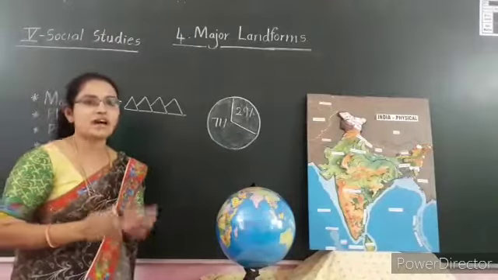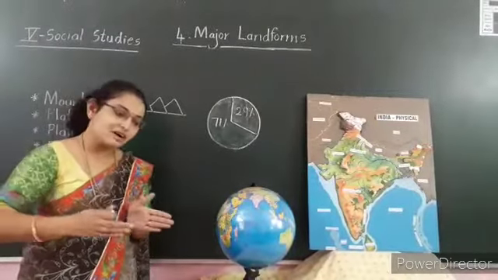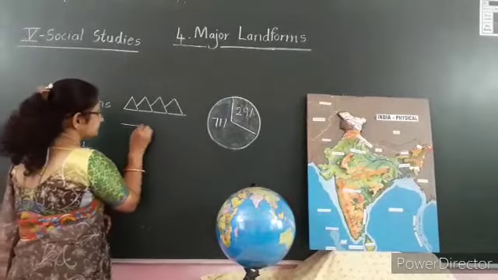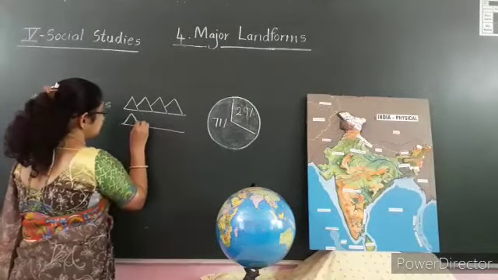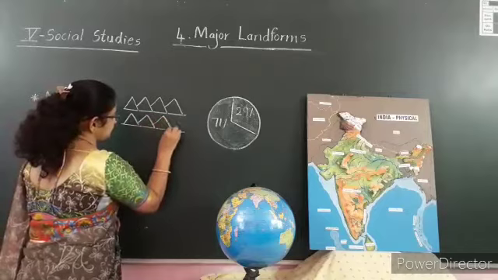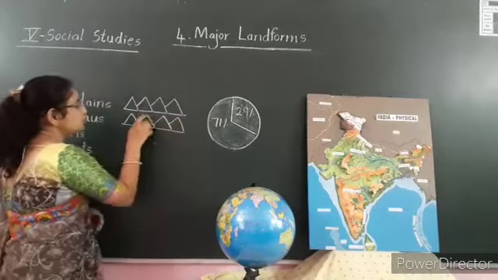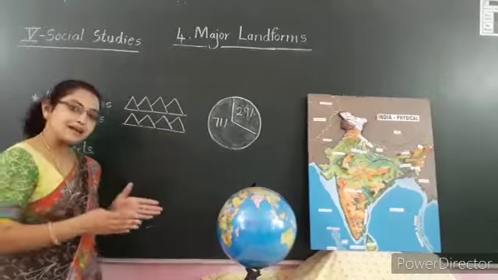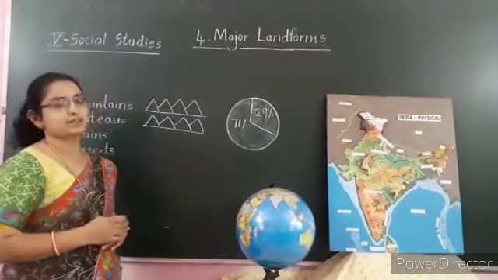Mountains often have a series of parallel ranges. Two or more mountain ranges are parallel to each other.